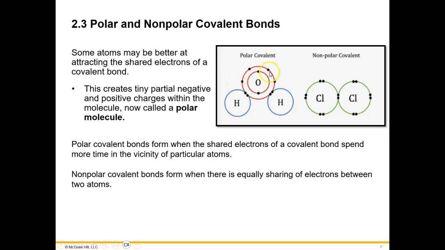Because the electrons are going to orbit around oxygen more often and spend more time close to oxygen, there's going to be a partial negative charge on the oxygen side. And because there's less presence of electrons by these hydrogens, there's going to be a partial positive charge on the hydrogen side of this molecule. That's what makes it polar.